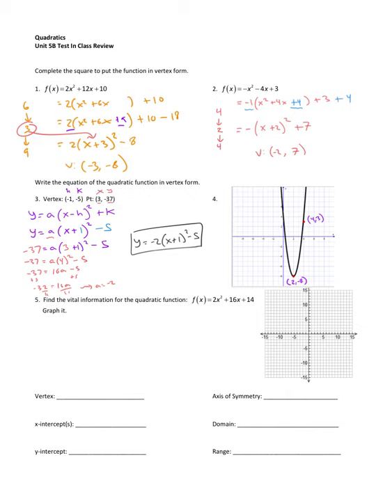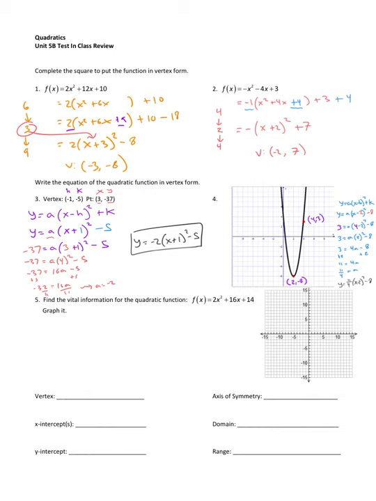So I'm going to work through that. So that gets me y equals 11 over 4 times x minus 2 squared minus 8.